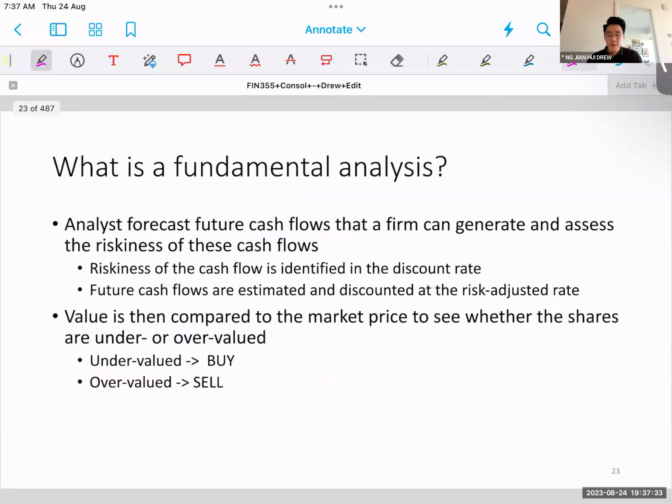All right, in fundamental analysis there are quite a few things we need to consider, like the riskiness of the cash flow and the discount rate. These can be tricky to put into practice. If a question tells you the risk-free rate is 5%, then we know it's 5%.